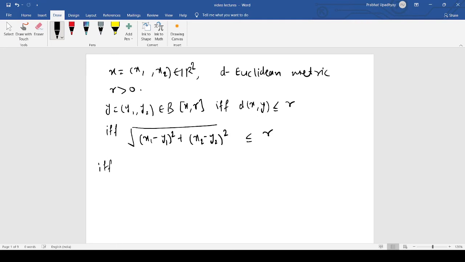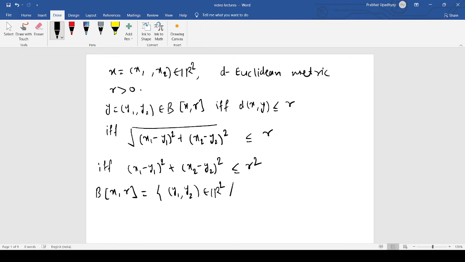Taking the square, this is possible if and only if (x1 minus y1) squared plus (x2 minus y2) squared is less than or equal to r squared. Therefore, the closed ball centered at x of radius r is the set of all those points (y1, y2) in R2 such that (x1 minus y1) squared plus (x2 minus y2) squared is less than or equal to r squared.